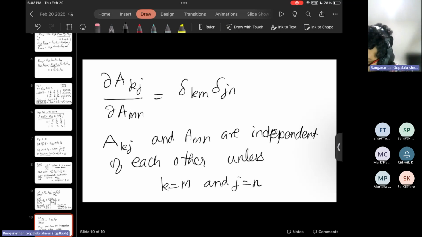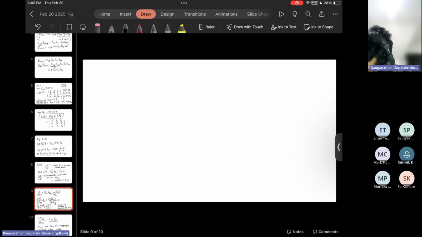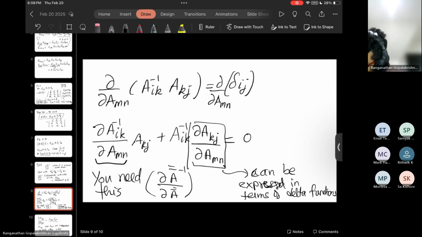So I can replace this quantity using these delta functions. If I go back to equation 9, I'm going to start with this and replace the quantity in the square with delta functions.